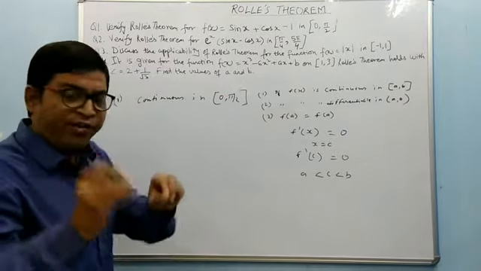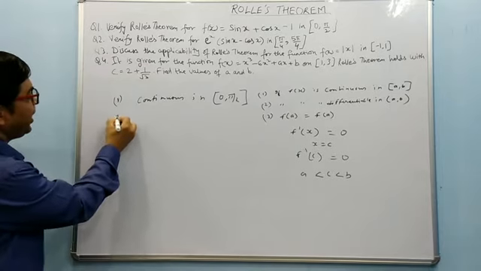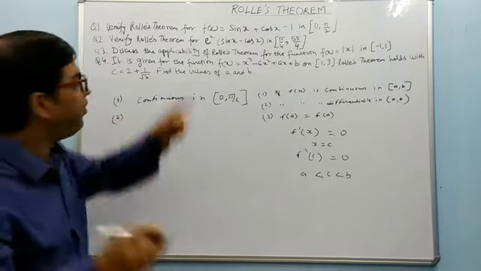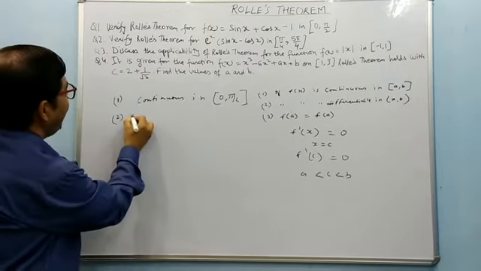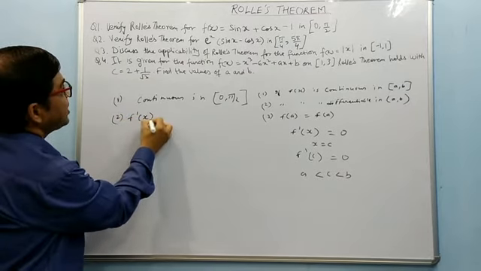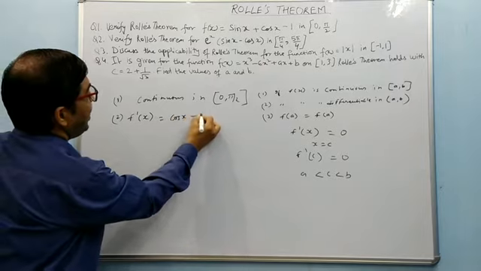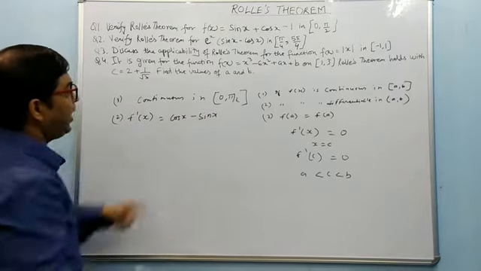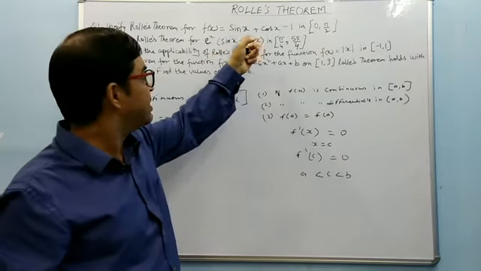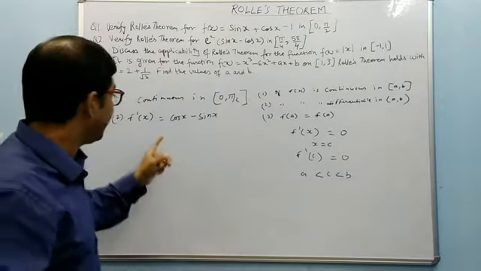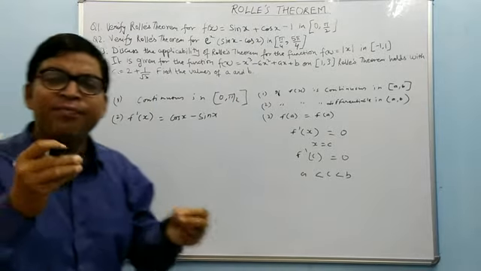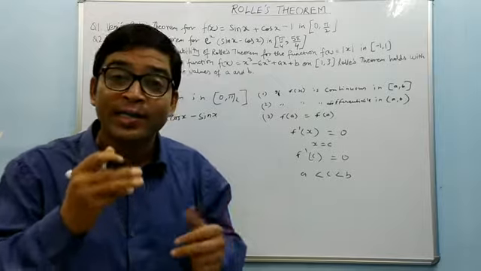It is differentiable. How? I am telling you a very easy technique. You differentiate the function. If you find f dash x, it comes out to be cos x minus sin x. Why? Differentiation of sin x is cos x and that of cos x is minus sin x, and it is differentiable everywhere. What does this mean?